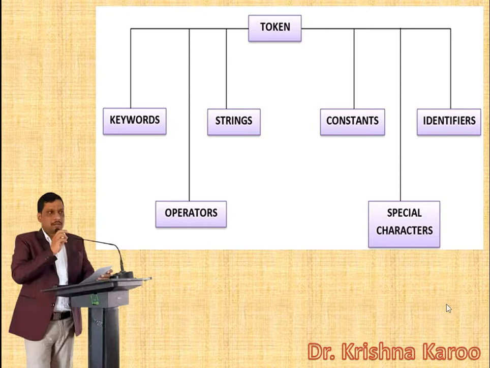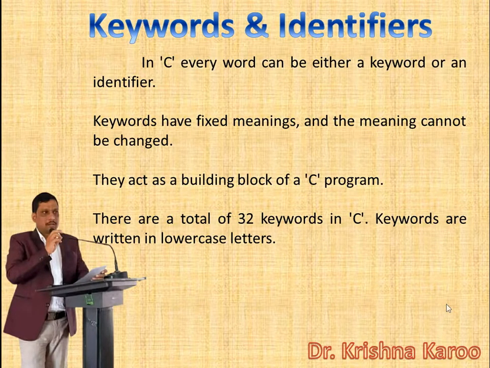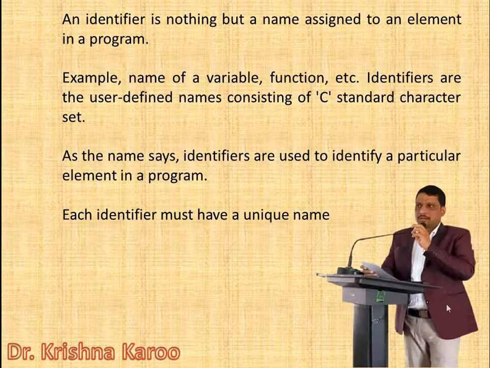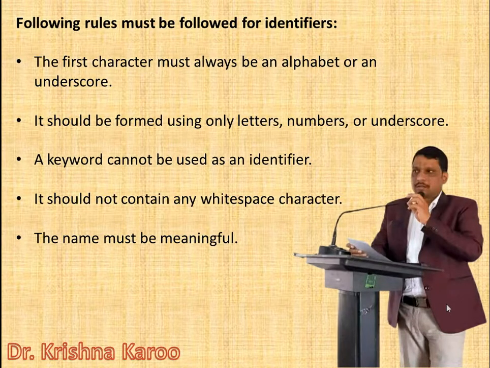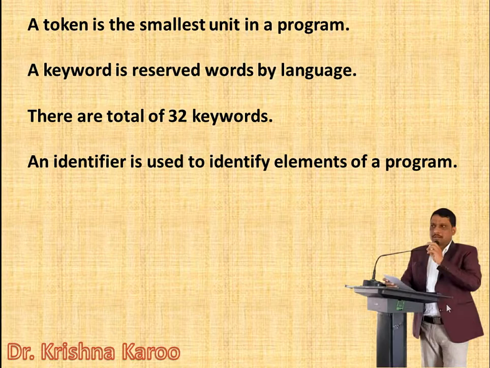So this is about what a token, a keyword, and an identifier are. This is enough for today. You should clear the concept of these, and whenever we write a program in C, you should keep in mind these various concepts of C programming.